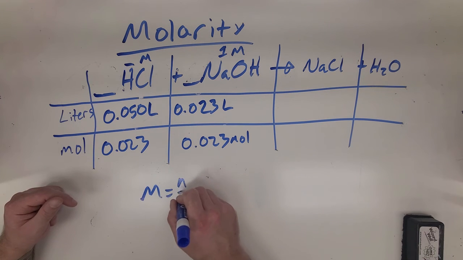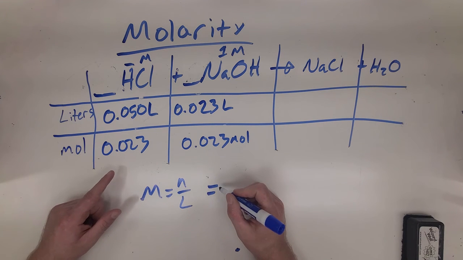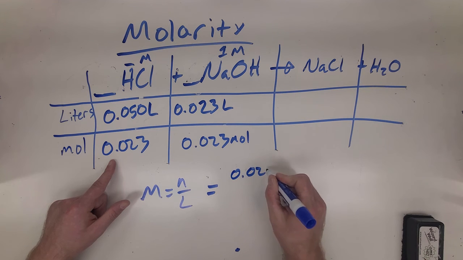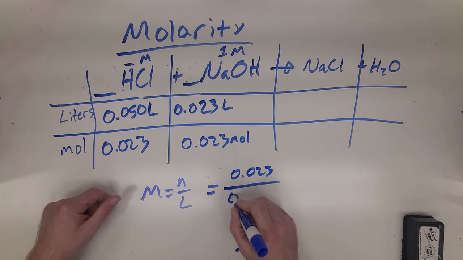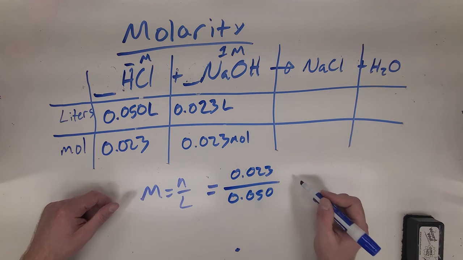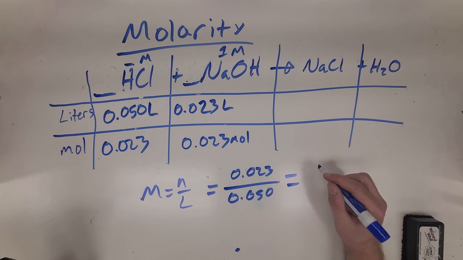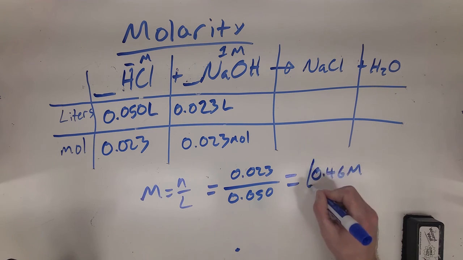Molarity is equal to n over L, and I just do that out of habit. So that is also equal to 0.023, n for number of moles, divided by 0.050, and that would come out to almost 0.5 molarity, 0.46 molarity right there.